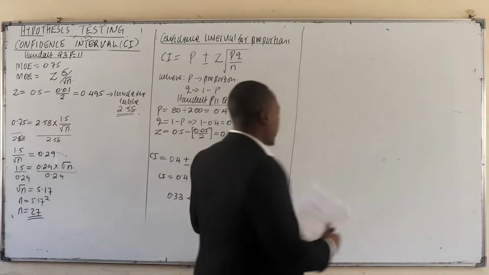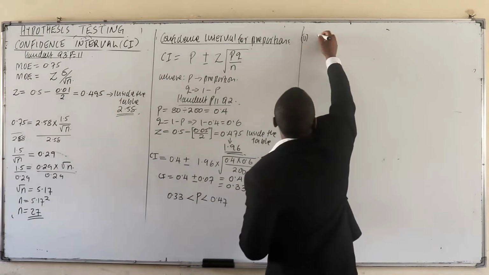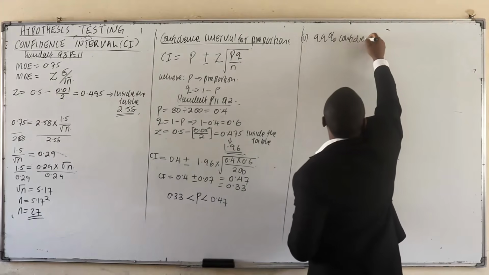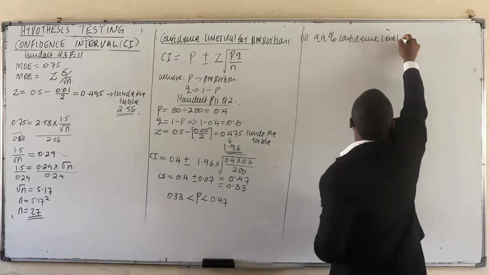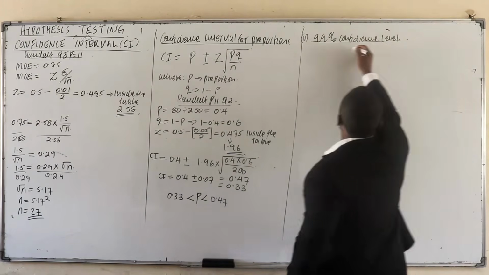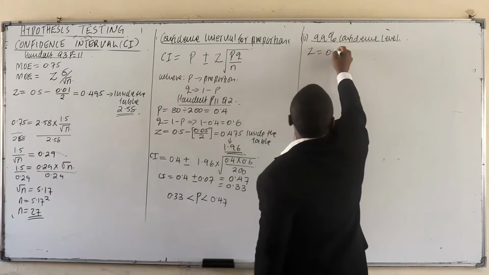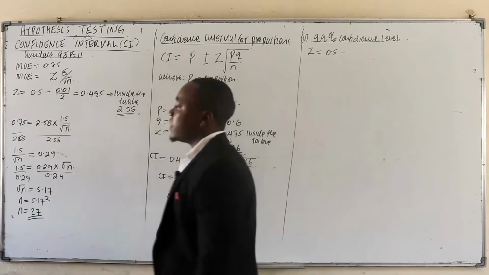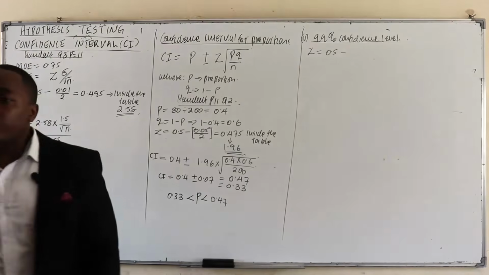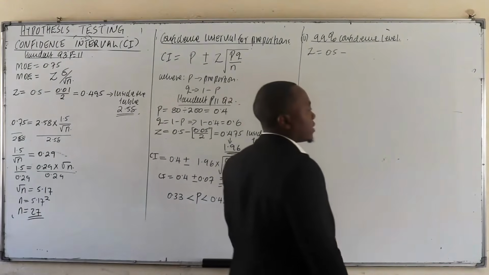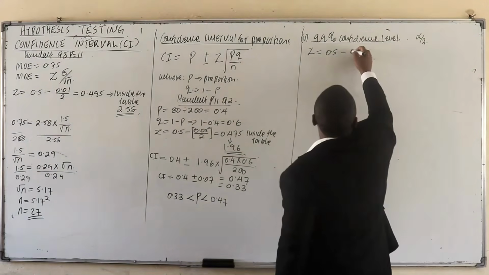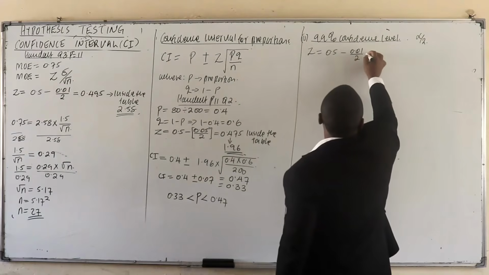Number 2 of the question, 99% confidence level. So for Z, you'll take 0.5. If you are 99% sure, that means the significance level will be 1%. So alpha over 2, 1% is 0.01. You divide by 2.